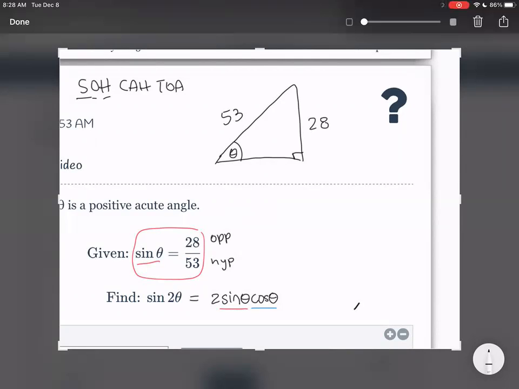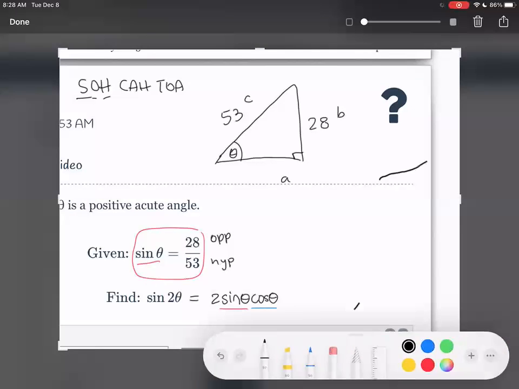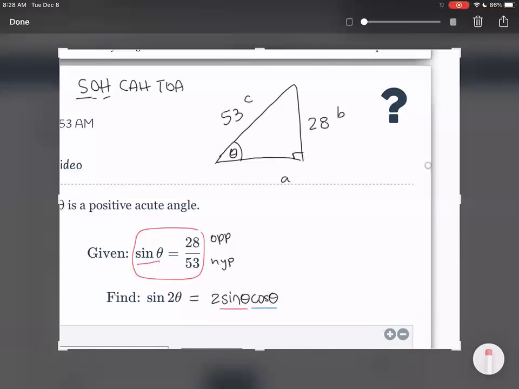Then we are going to use, you probably guessed it, the Pythagorean theorem to solve for that missing side. So here's our A side, our B side, our C side. A and B can be switched as long as C is your hypotenuse. So let's plug it into our Pythagorean theorem.